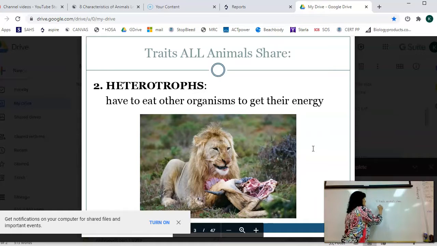Maybe you want to do a lion with a big mouth and big teeth, and then food goes in to get energy. I am not the best artist, and I'm not going to grade you on your artwork. You just have to have something drawn in here to remind you of heterotroph, okay?